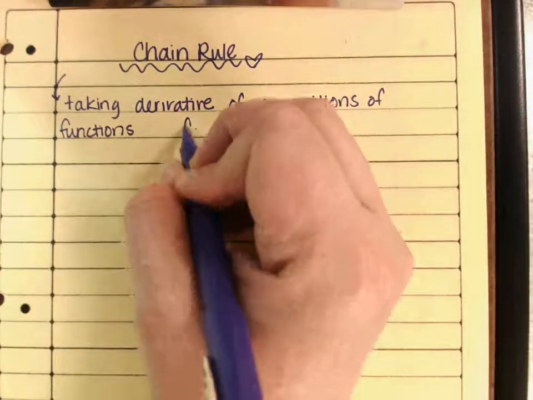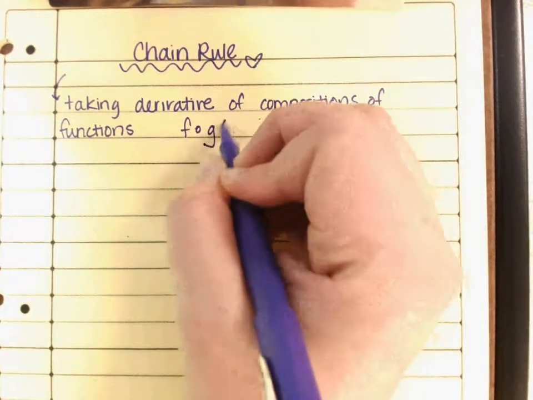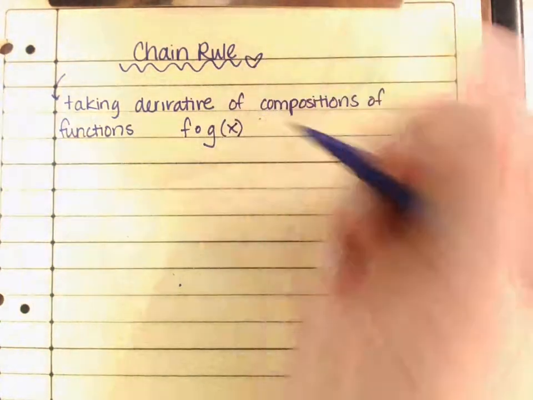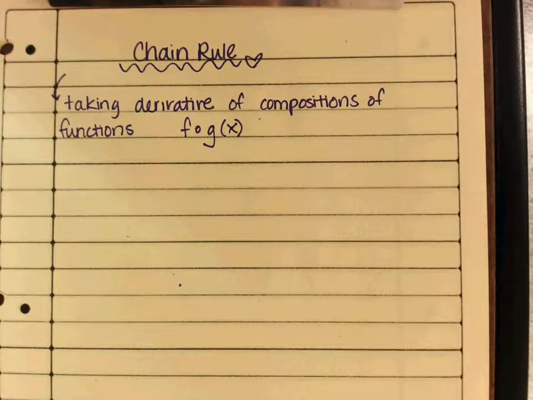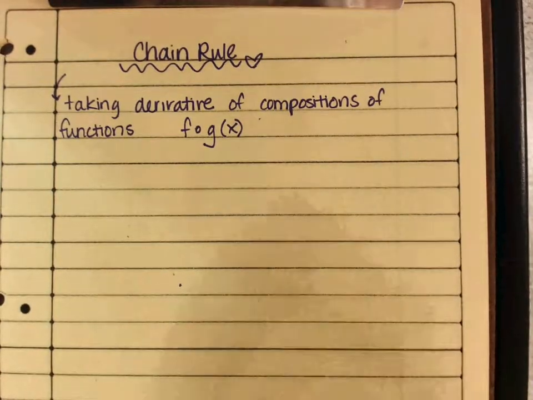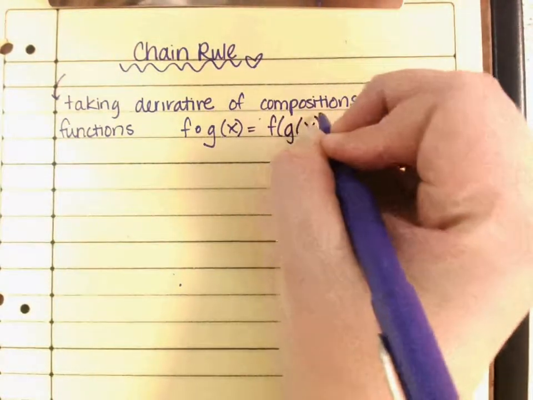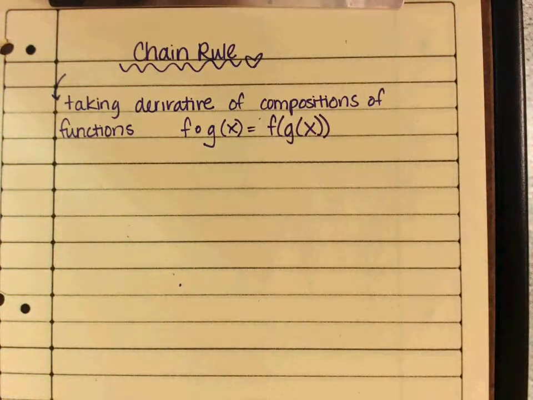Which is this. Do you remember that? F of g of x. The little open circle stands for composition, and you should at least somewhat remember that it's f of g of x. So it's kind of like the exact same thing, just this versus this.